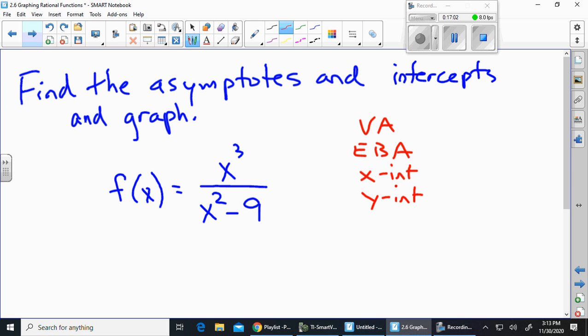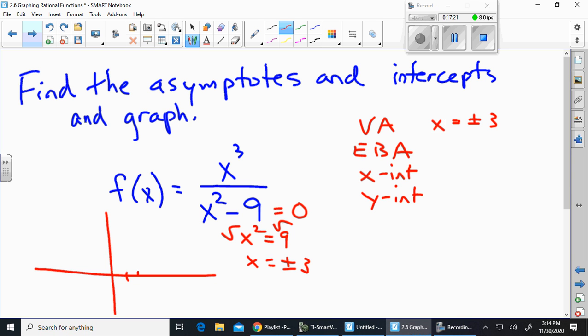So vertical asymptote, set the bottom equal to 0. Solve it, factor it. That one you can solve, plus or minus 3. Those are lines, plus or minus 3. So I know on my graph, I got positive 3, negative 3.